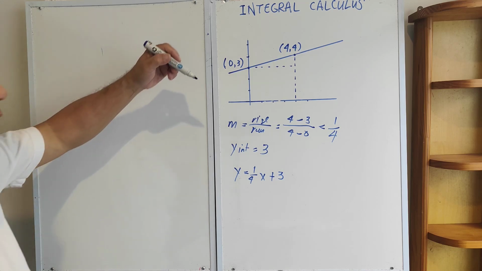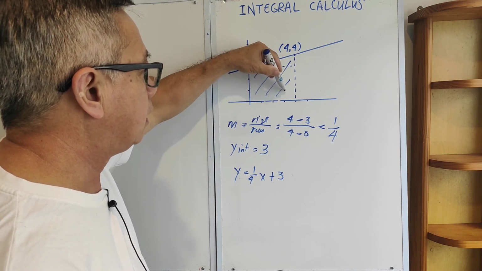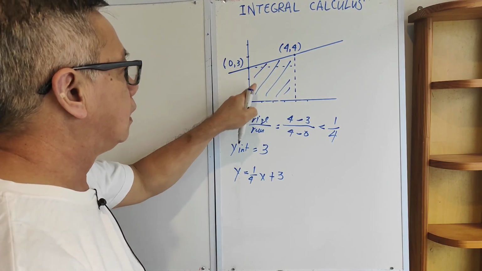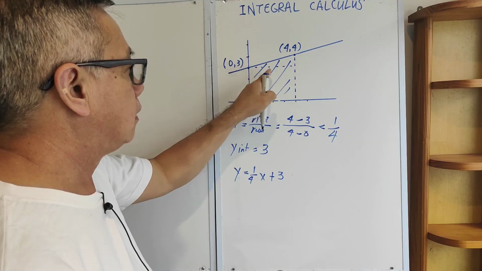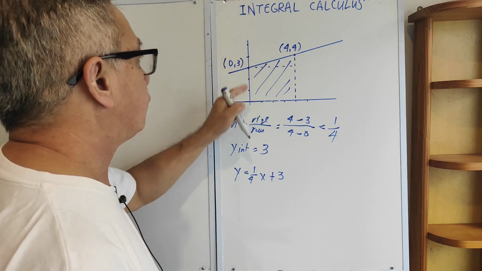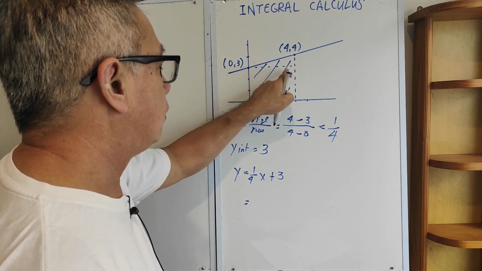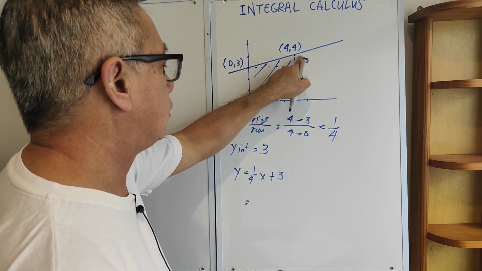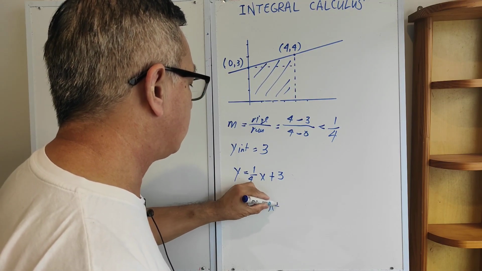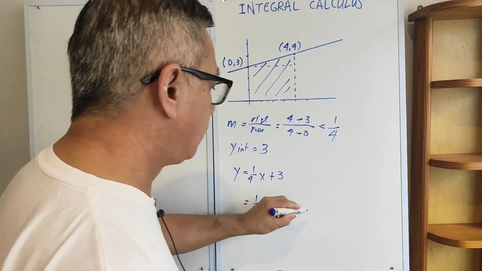So if, for example, we are interested in finding this area, let's try first finding the area using the shapes. There are simple shapes. This is a triangle. The first area would be, it has a length of 4, it has a height of 1, so 1/2 of 1 times 4, that would be 2.